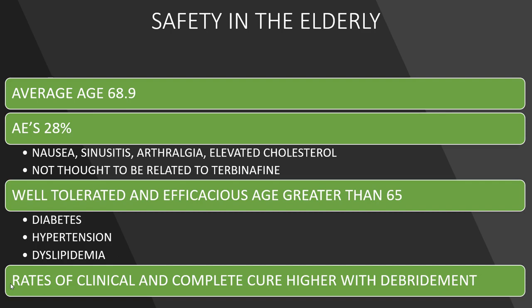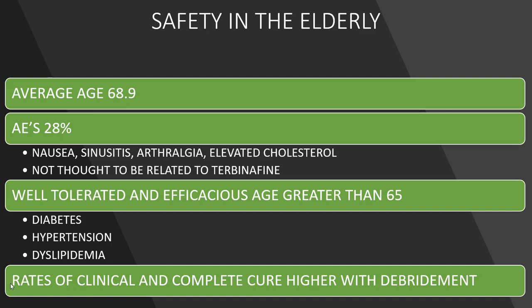Most often reported were nausea, sinusitis, arthralgia, elevated cholesterol, which again were not thought by the researchers to be related to the terbinafine. The conclusion of this study was that terbinafine is well tolerated in the elderly patient, and particularly well tolerated in patients with hypertension, diabetes, and dyslipidemia.